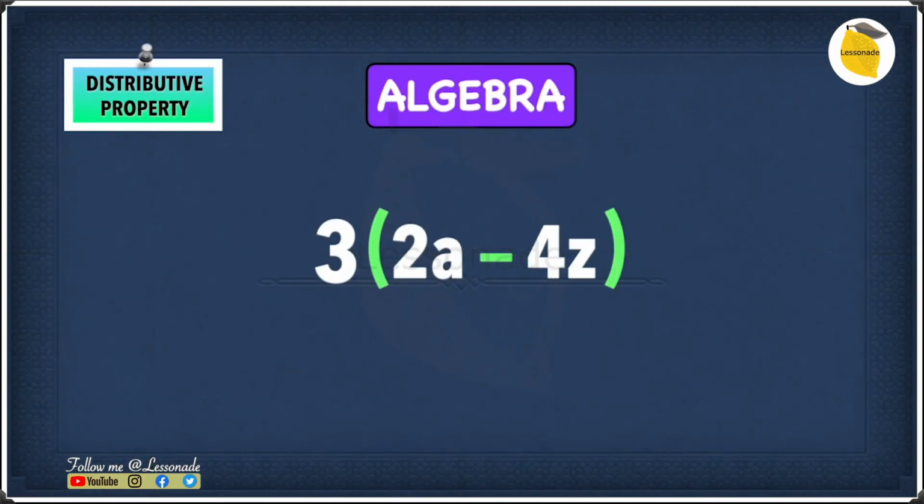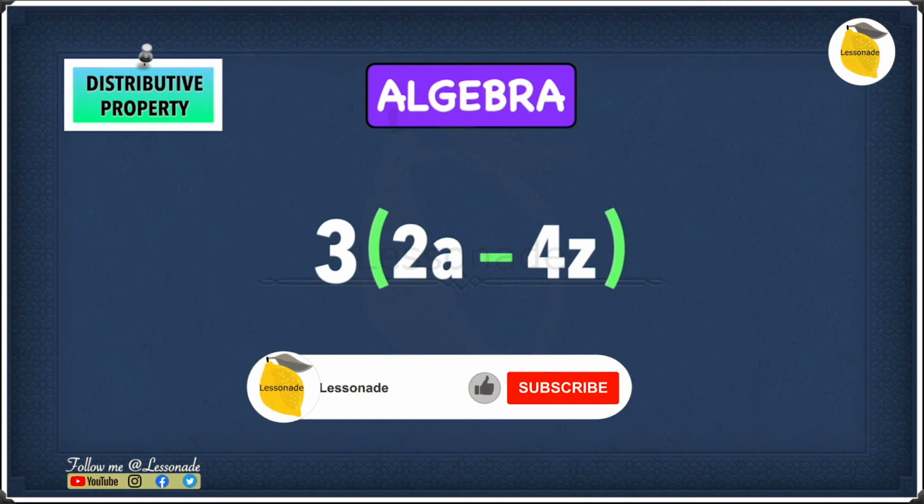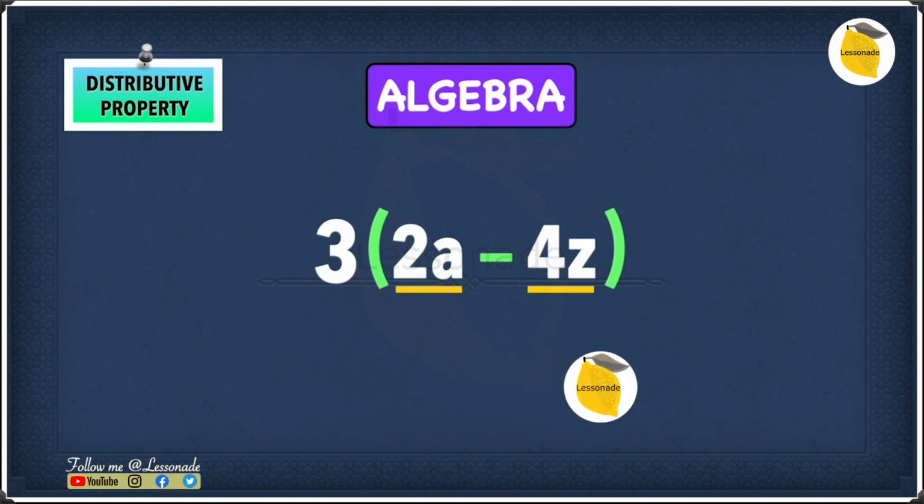Now, some of you may wonder how this question works, because we have 3 brackets 2a minus 4z, or 3 times brackets 2a minus 4z. We said before that distributive property does not work with multiplication, and here we have 2a and 4z, which are the same as 2 times a and 4 times z.